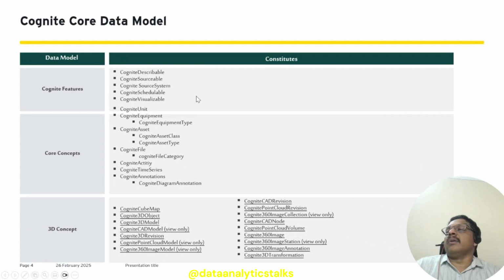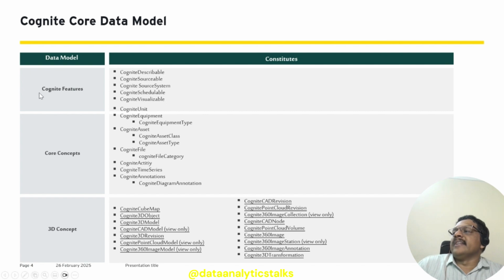So having a closer look at the Cognite data model. The Cognite data model uses two methods to define properties: core features and core concepts. Core features are a set of properties that are available for many concepts.